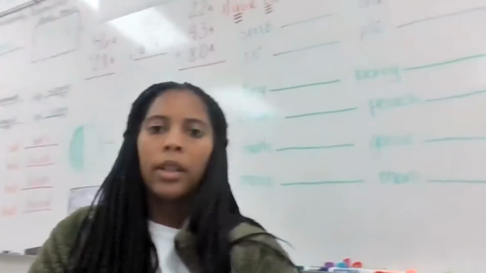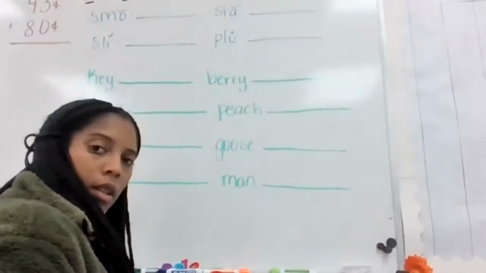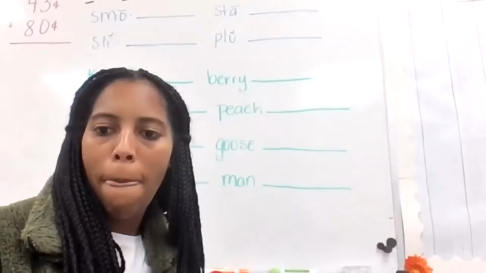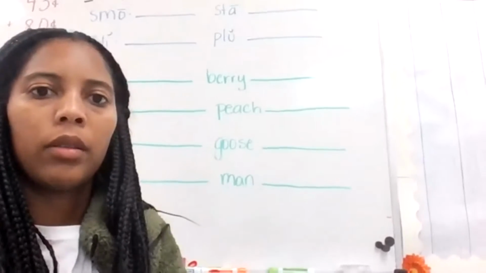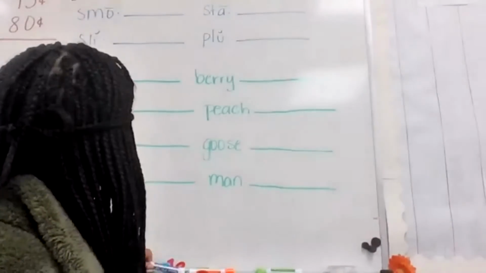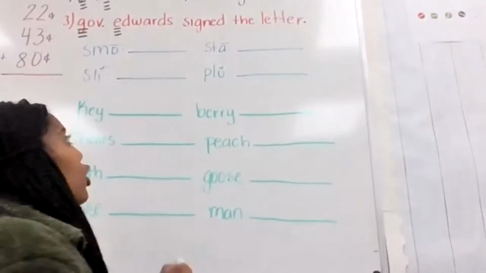All right, so let's go ahead and get things on the board. Here, let's make some words with some of these blends. All right, so I have smo. What's a word I can create from the blend smo? Smoke.